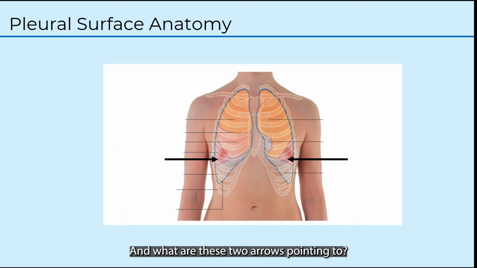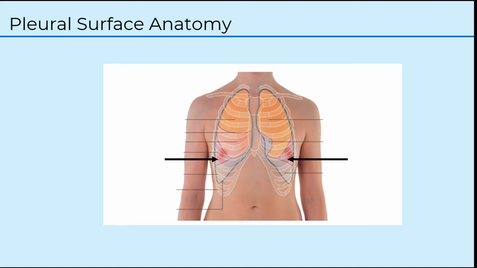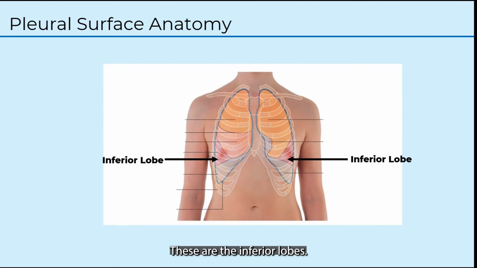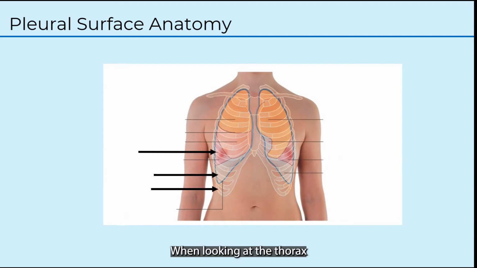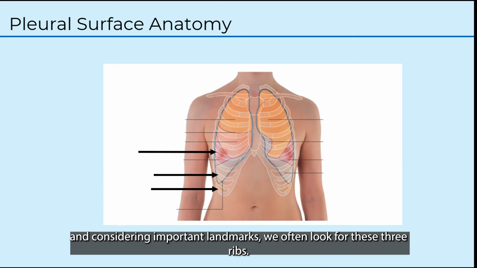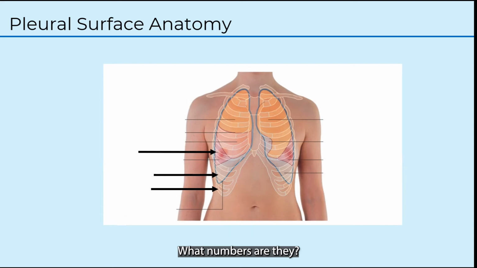And what are these two arrows pointing to? These are the inferior lobes. When looking at the thorax and considering important landmarks, we often look for these three ribs. What numbers are they? They are ribs 6, 8 and 10.